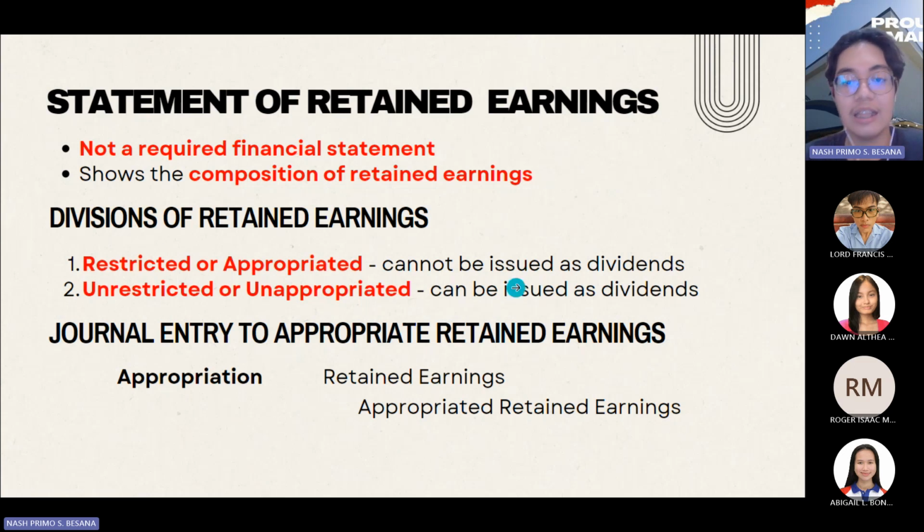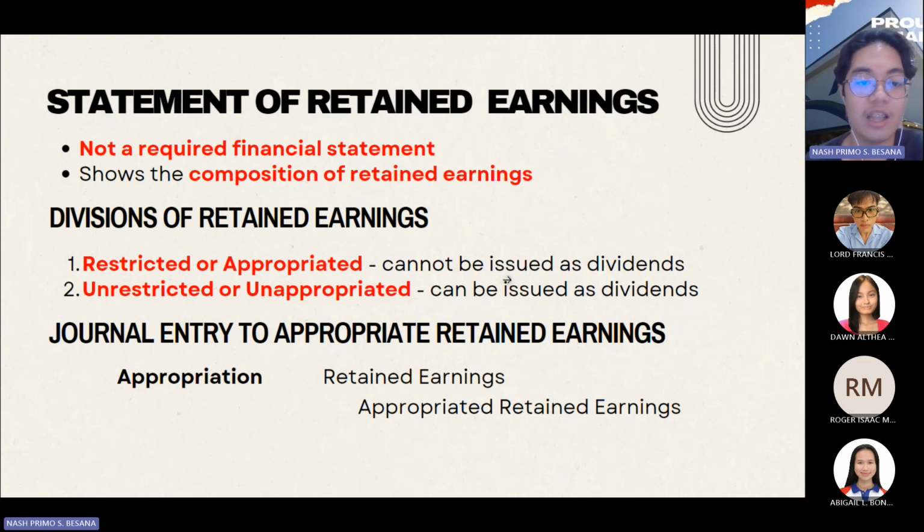So kapag restricted, it cannot be issued as dividends. So restricted, pwedeng gamitin as expansion fund o kaya investment fund. Basta hindi daw siya pwedeng galawin aside from the specific purposes na nakalagay doon. So, in other words, hindi siya pwedeng gamitin as dividends.